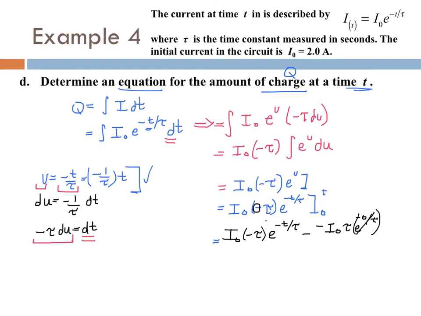It's not 0. So I can pull out all my common variables here, and I'm left with negative e to the negative t over tau plus 1. Or normally this is written as 1 minus e to the negative t over tau. Now we're going to see this equation again, so make sure that you're comfortable with the derivation of it.